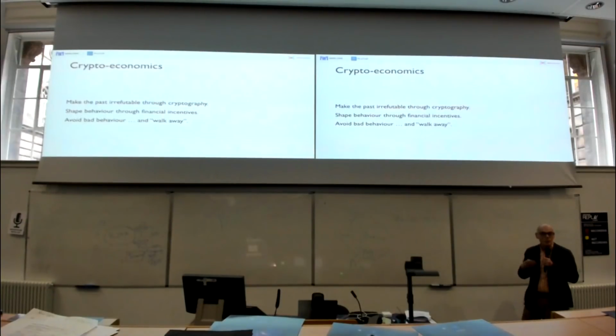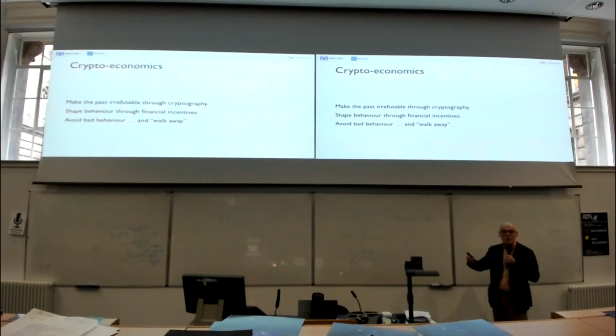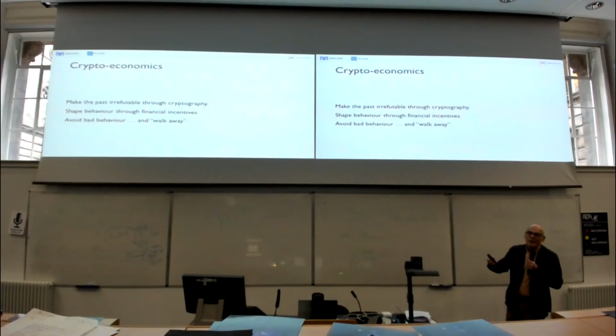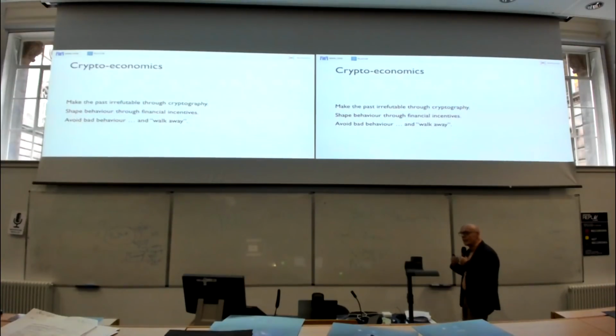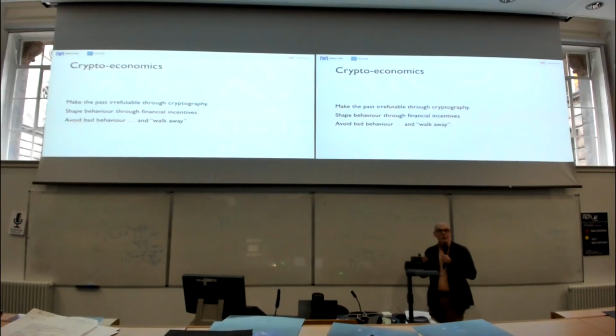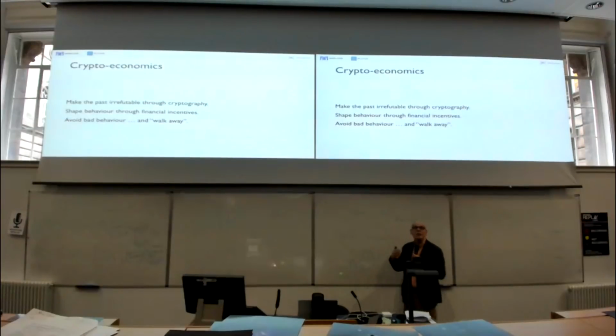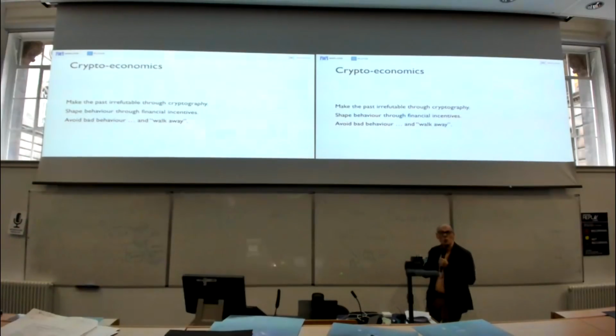We have to prevent the situation where some money gets put into a contract, and I can see nobody's going to come after this for me, so I simply walk away. We have to design things in such a way that once somebody has signed up to the contract, they are incentivized to carry on participating, or the contract in some other way ensures that their walking away can't subvert what is meant to happen. So that's something to bear in mind. Bad behavior we don't want, but we also don't want absent participants.